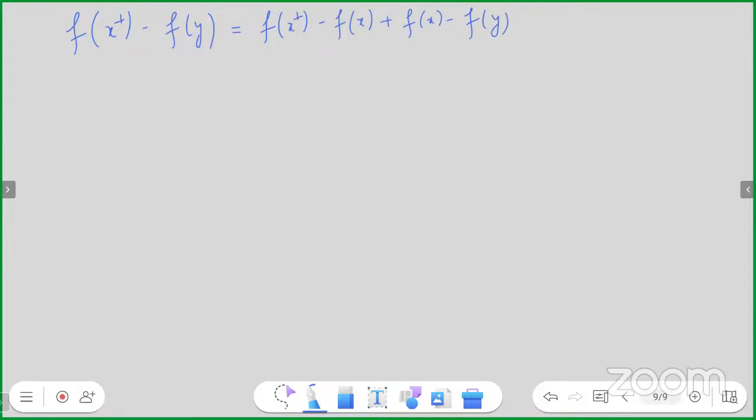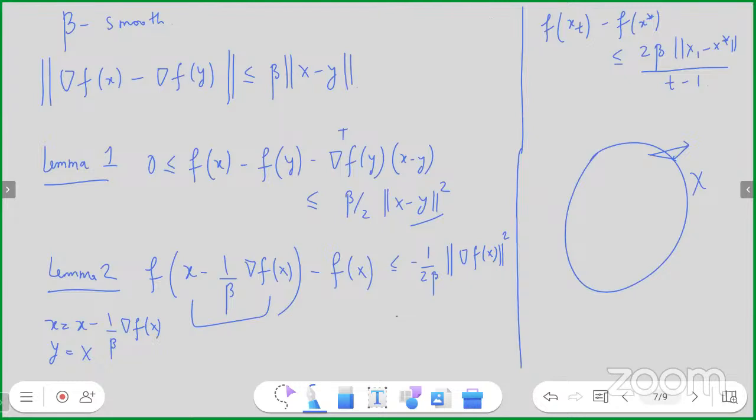All right. Now what should I do? Which terms should be combined? Which term should be kept as it is? From the lemma, which I just cited, what can I bound this by? This lemma can be applied there.